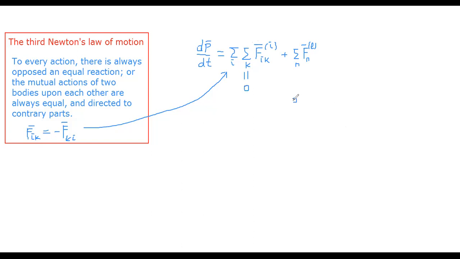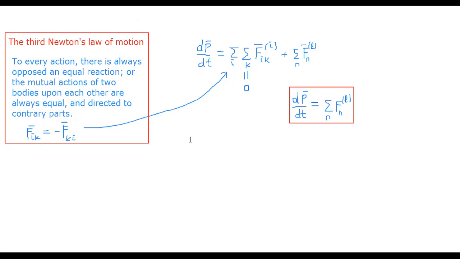So the momentum of a material system can be changed only by external forces, and not by internal forces. And what will be if we have the sum of external forces equal to 0? We will have this situation.